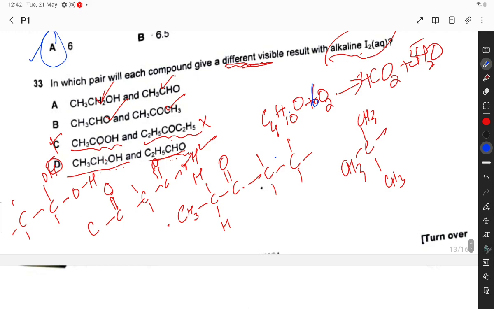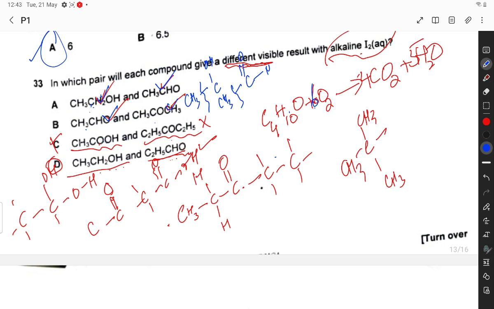In which pair will each compound give a different visible result with alkaline iodine? This is CH3CH2OH, which gives a positive result with alkaline iodine, and this CH3CH(OH)CH3 also gives a positive result. So both ethanol and propanol give a positive result with alkaline iodine.